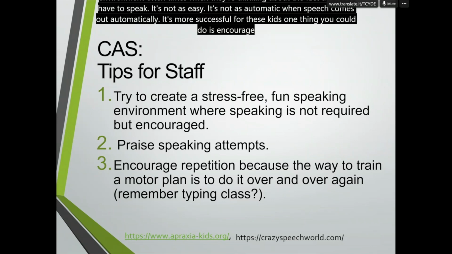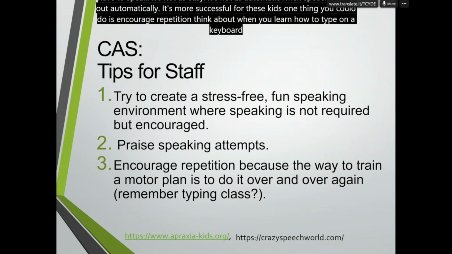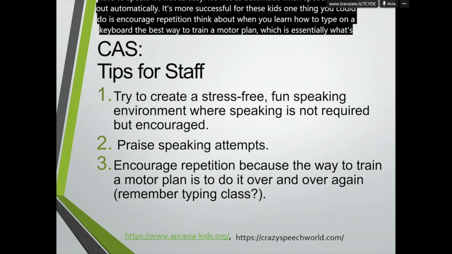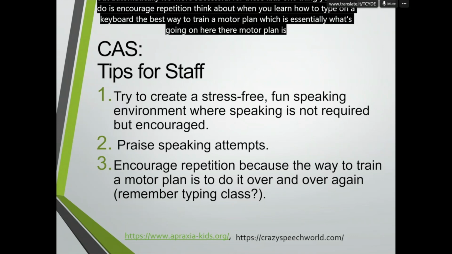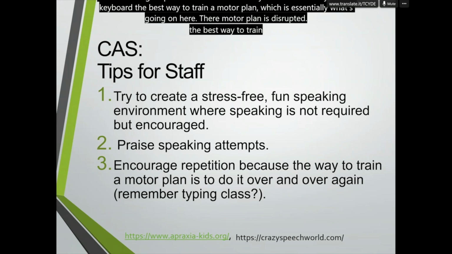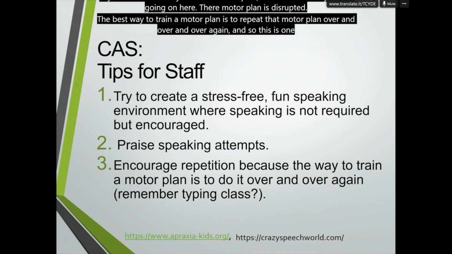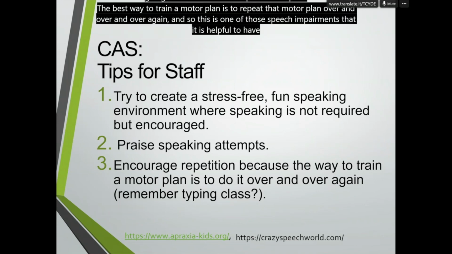Think about when you learned how to type on a keyboard. The best way to train a motor plan, which is essentially what's going on here since their motor plan is disrupted, is to repeat that motor plan over and over and over again. So this is one of those speech impairments where repetition is helpful, but speak with your speech path about how often and when.